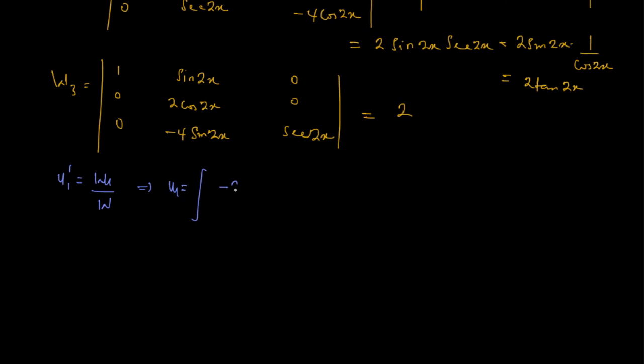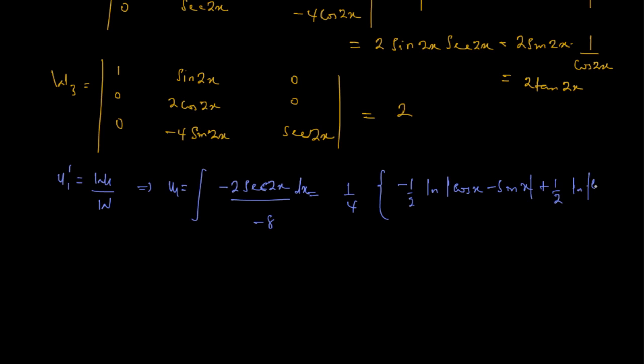So that's minus 2 sec of 2x divided by negative 8, and then dx. And then this gives us 1 over 4 into minus half ln of cosine of x minus sine of x plus half the ln of cosine of x plus sine of x.